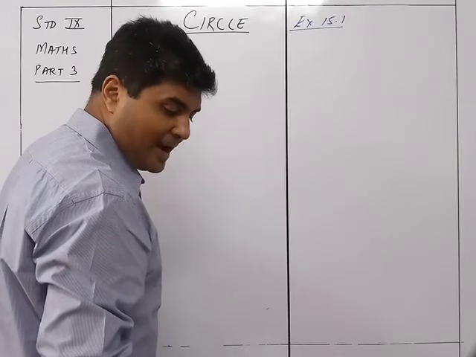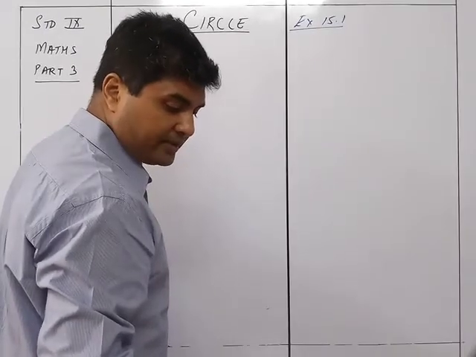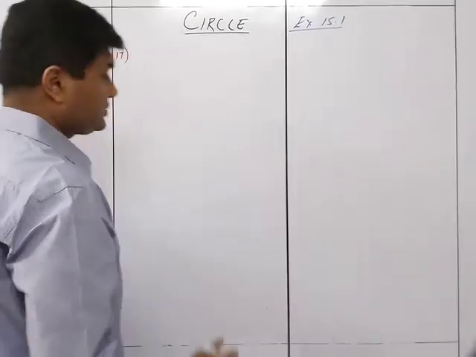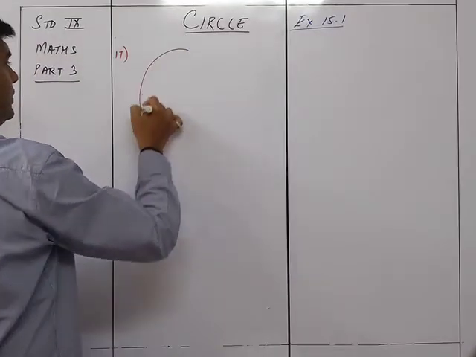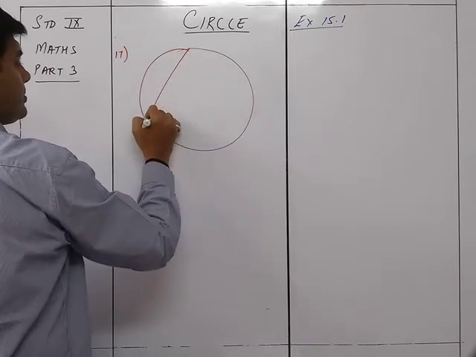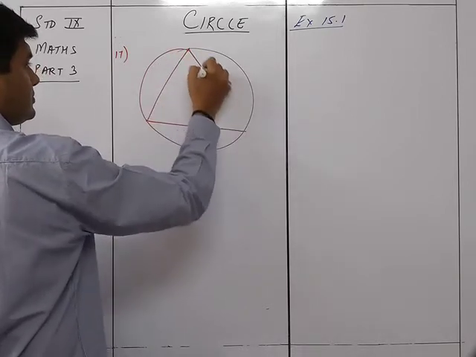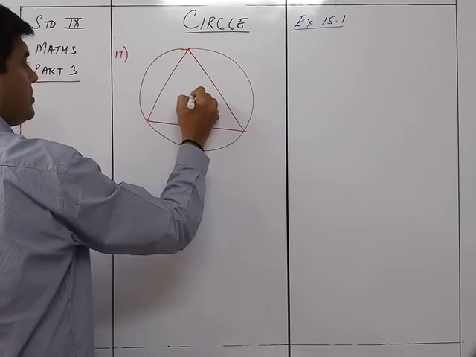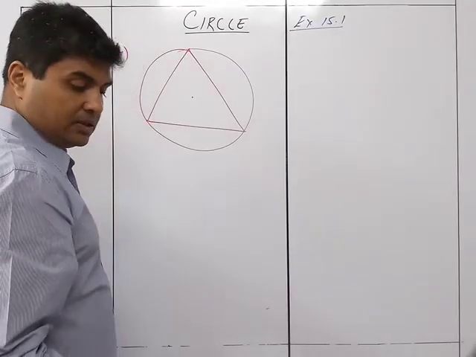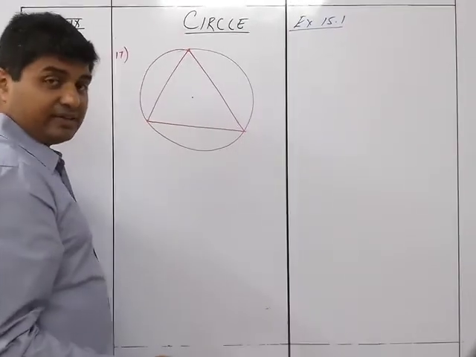In an equilateral triangle, prove that the centroid and the circumcenter of the triangle coincide. So you have to prove that in an equilateral triangle, the centroid... What is the centroid?